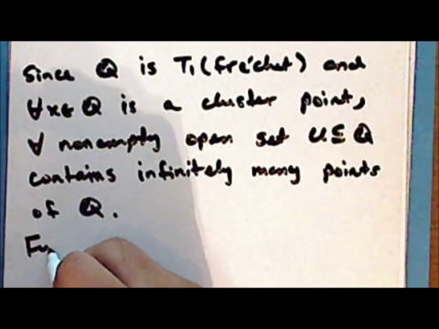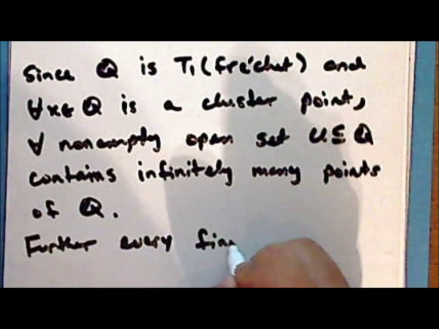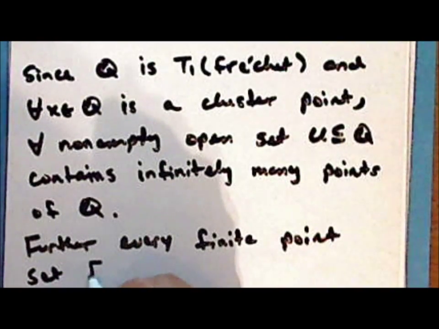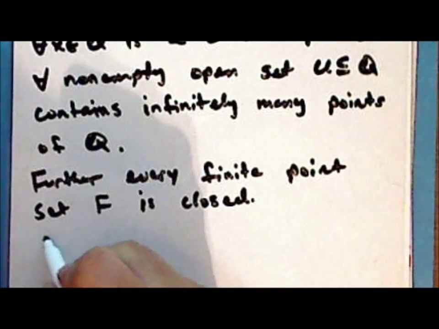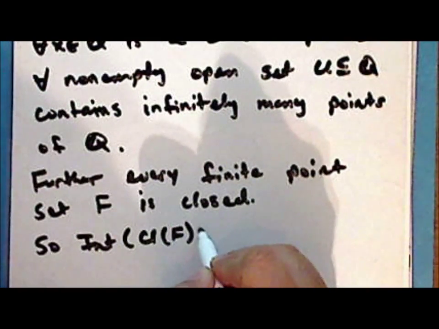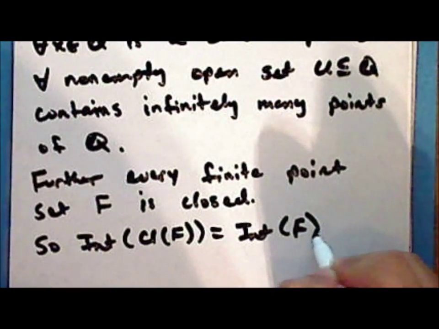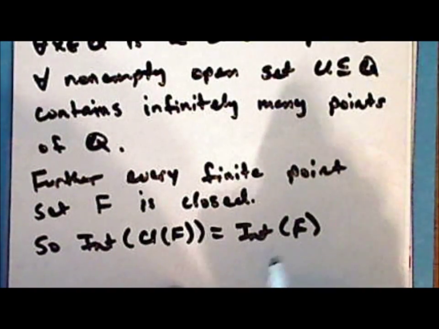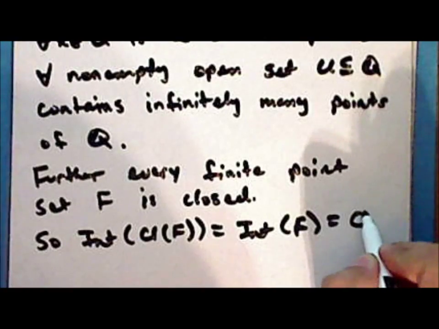Further, every finite point set F is closed, and so the interior of the closure of F is the interior of F, and since there are no non-empty open sets contained in a finite set, the interior of the finite point set F is empty.